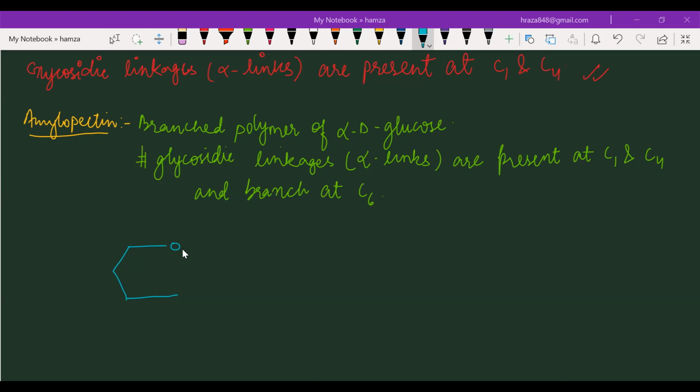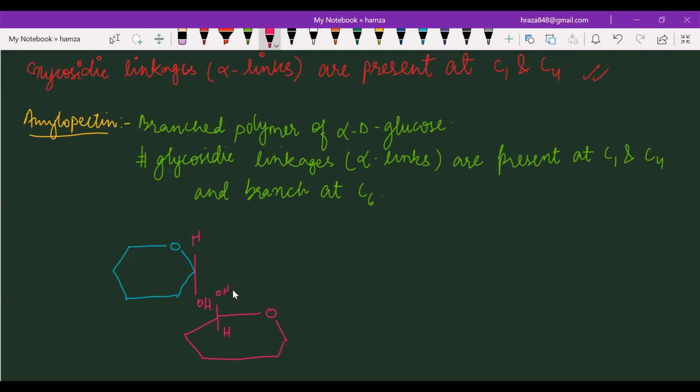Okay. So this is alpha glucose, and we know that there is HOH. And again, I'm going to draw another because it is a polymer, and this will have a structure HOHCH2.